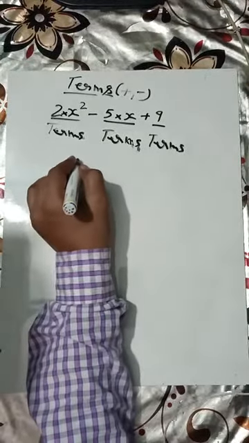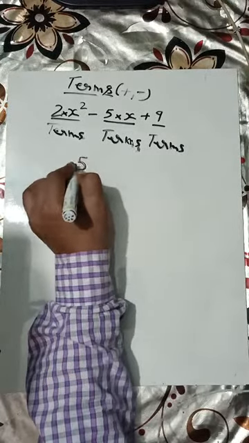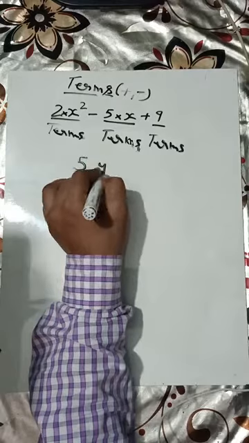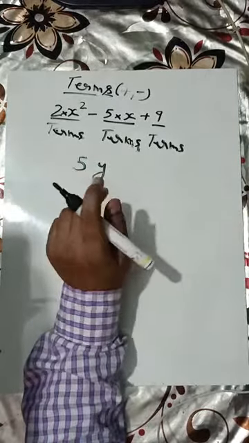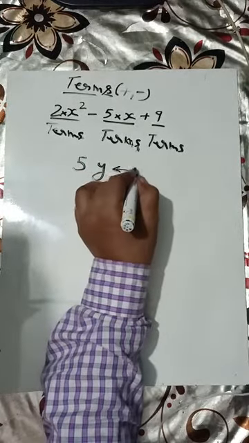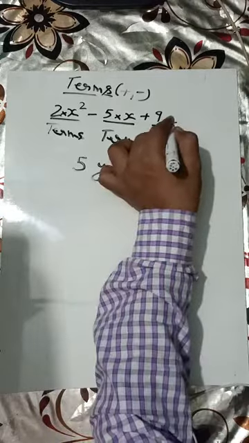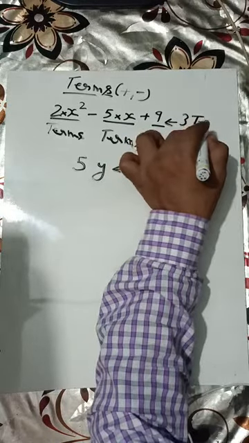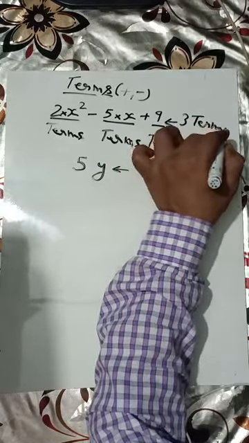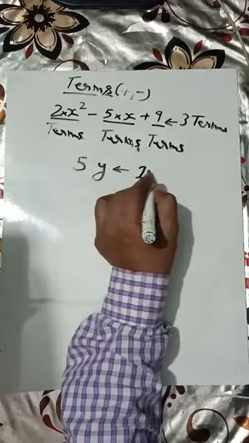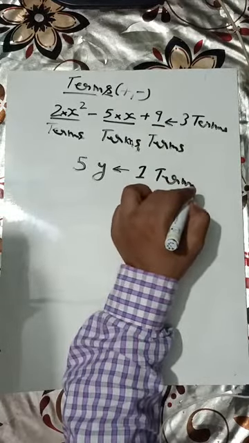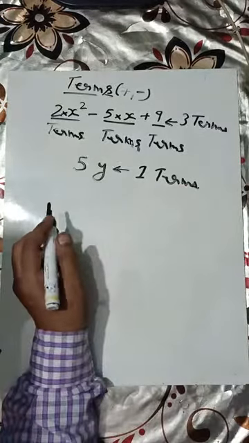Sorry, 3 terms are there. If I write 5y, this has got one term. This has got 3 terms. This has got one term. So this is all about the terms.